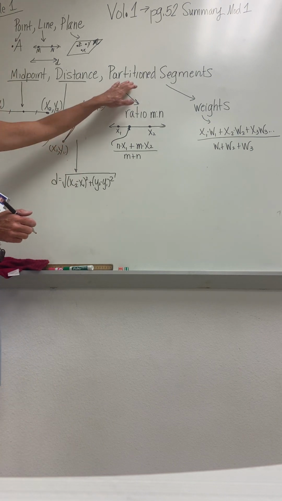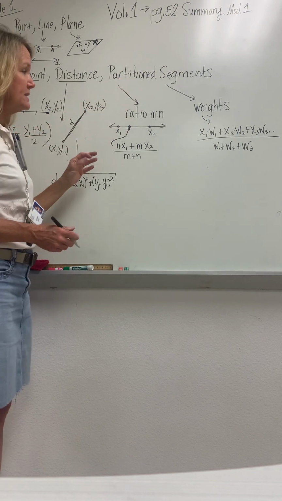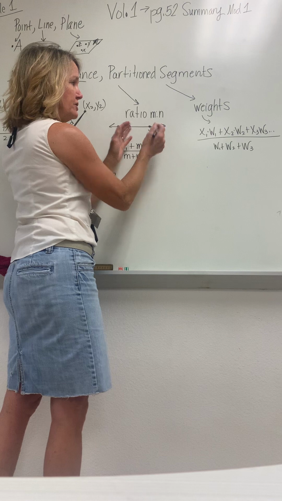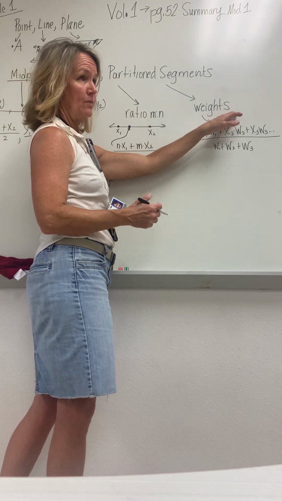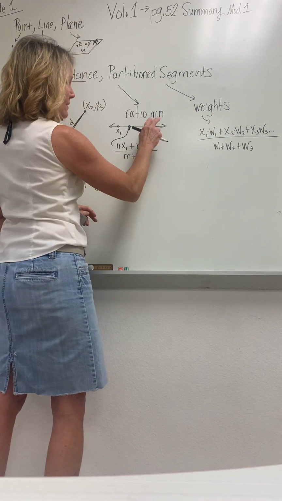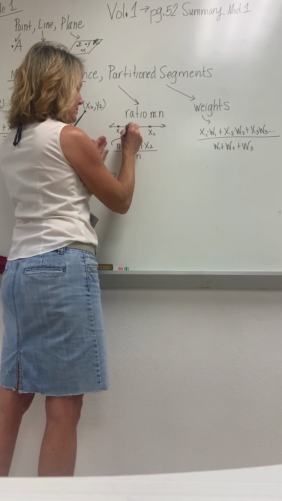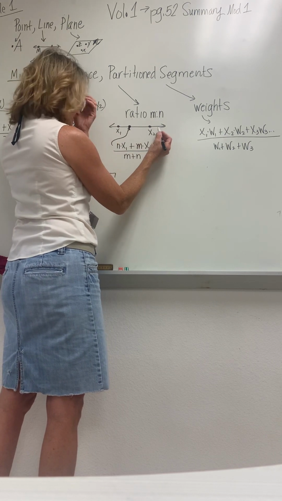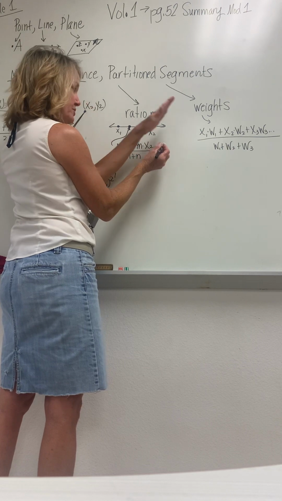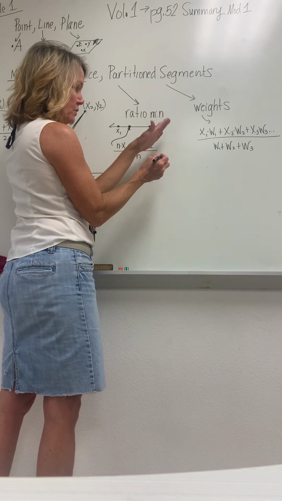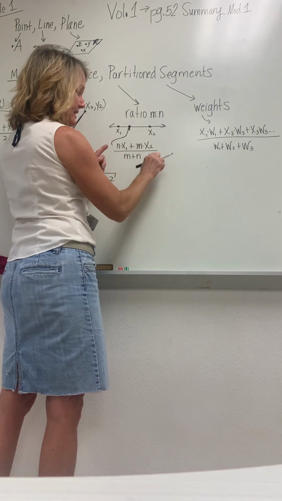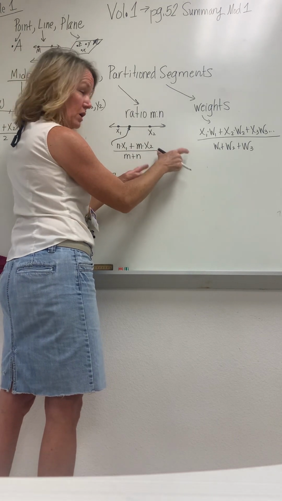In terms of partitioning segments, there were 2 ways that we learned to do it: given a ratio or given weighted averages. If you have a ratio, and we want to locate a point on this particular number line, if we were doing it on the coordinate plane, we would just add this same thing again for the y coordinates.